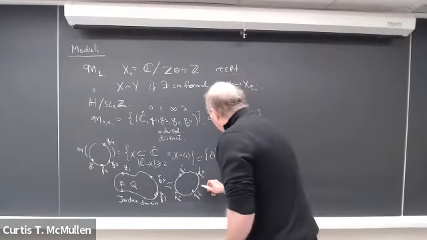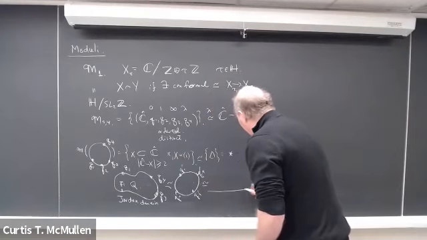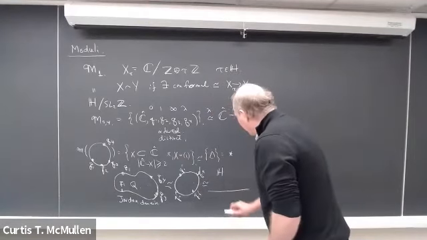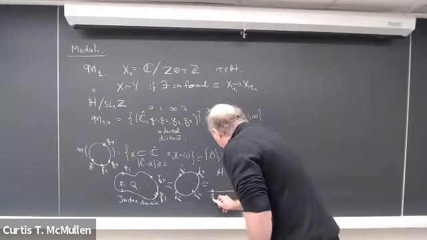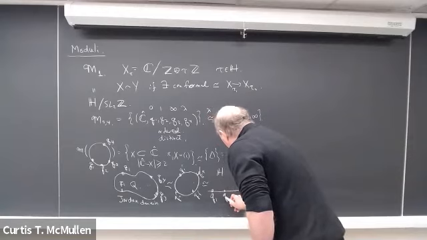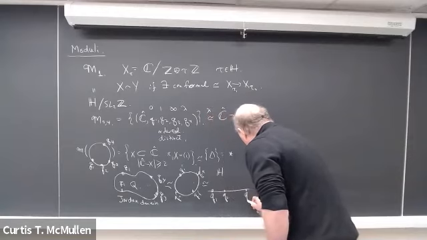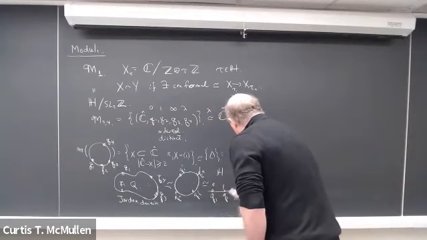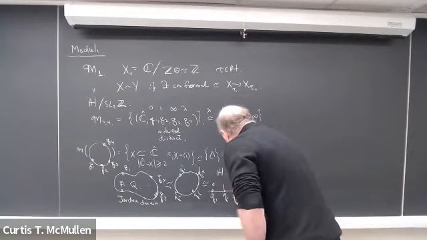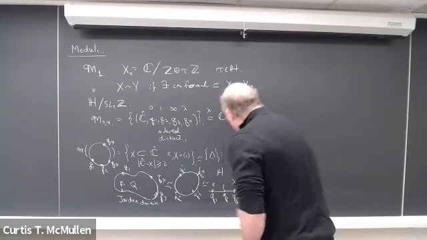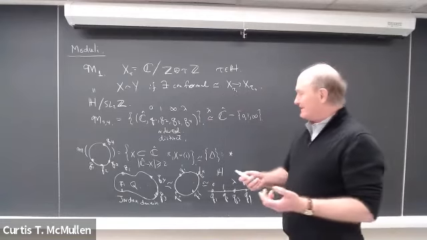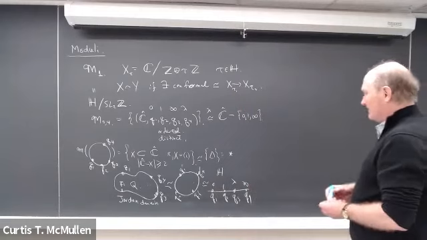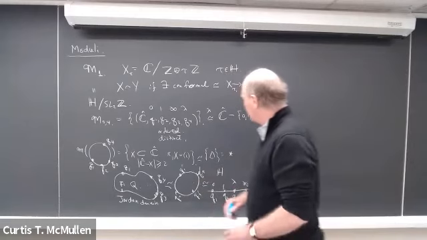Well, we could also replace the disk by the upper half plane. And then we could arrange that the points Q1, Q2, and Q4 were the points 0, 1, and infinity. And then our final point would be at some number lambda. And lambda is an invariant of this quadrilateral.